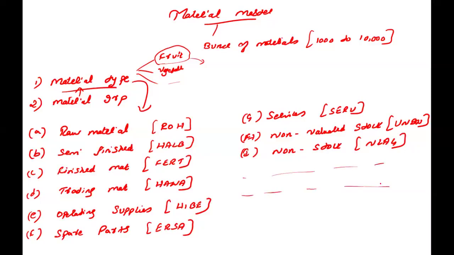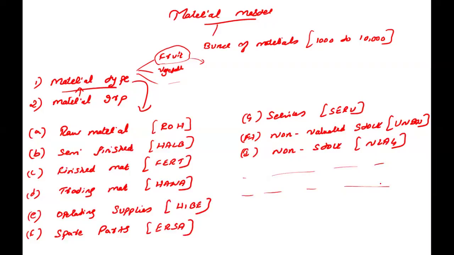Okay. Now, if I start one by one, we have raw material. Raw material is something which the business should procure so that they can start using it and convert it into semi-finished material or finished material in their manufacturing process. Take an example, a construction-based industry. For a construction-based industry, the raw material is sand, cement, and small stones.